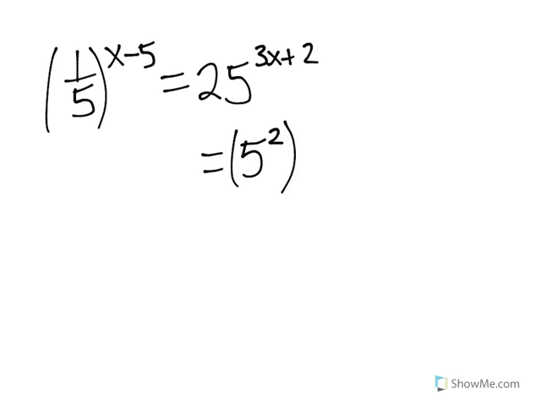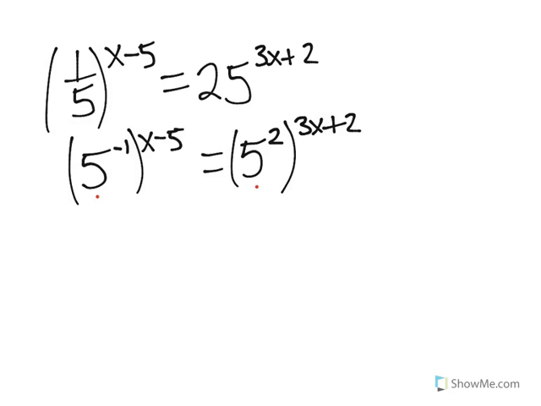If I substitute that in, I get 5 squared raised to the 3x plus 2 on the right side. On the left side, I don't need this fraction, because by the fourth property that we looked at, this 1/5 is the same thing as 5 to the negative 1. So I have 5 to the negative 1 raised to the x minus 5.